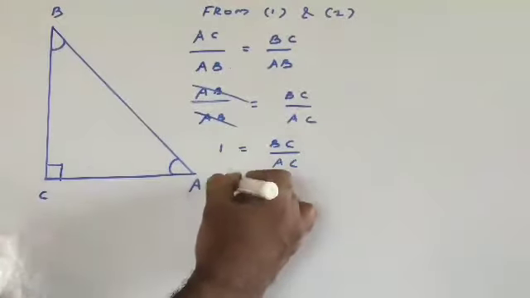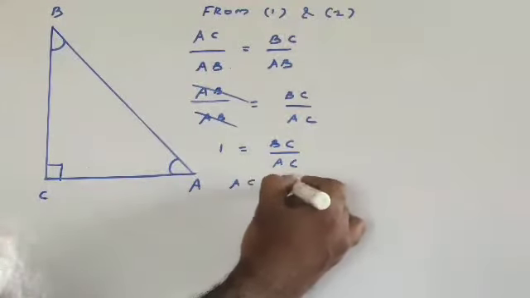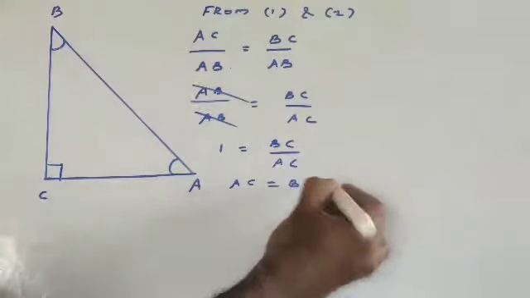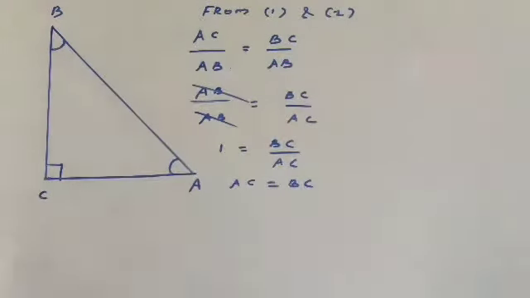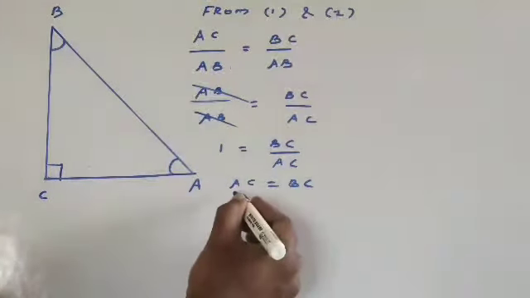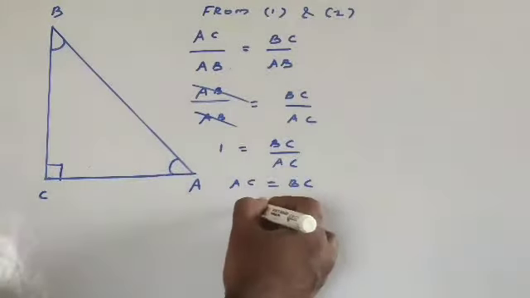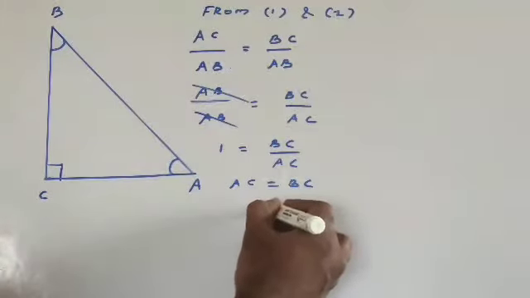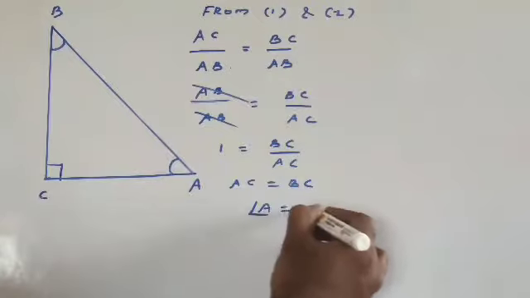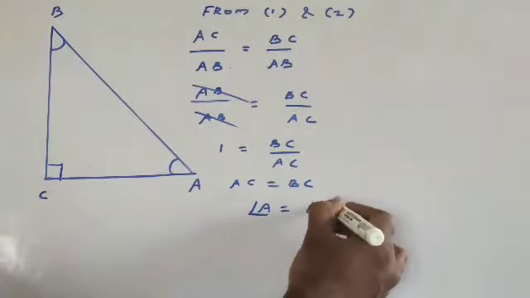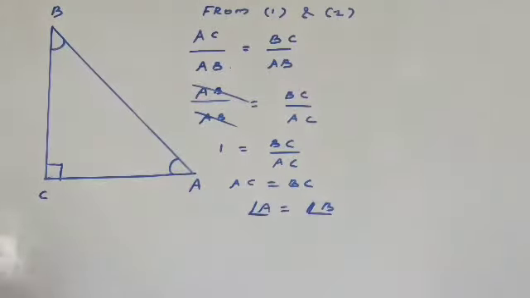Now cross multiplying we get AC equal to BC. Now cancelling C on both sides, we get angle A equal to angle B. Angle A equal to angle B. This is the answer we have to prove, hence proved.